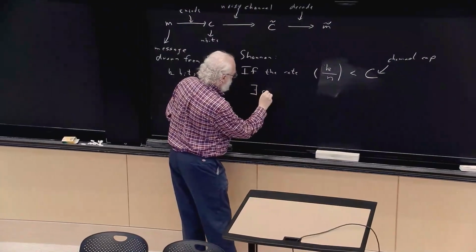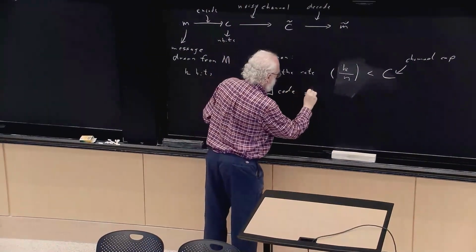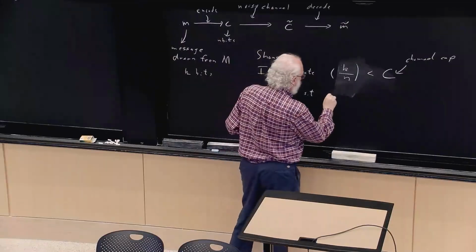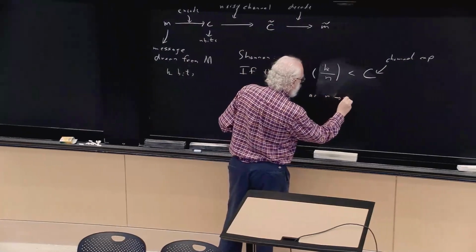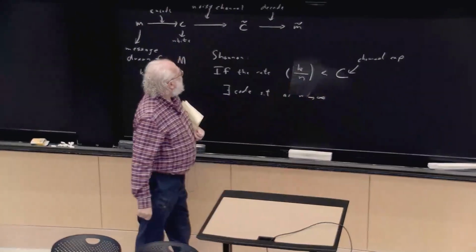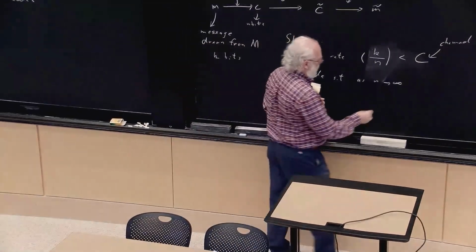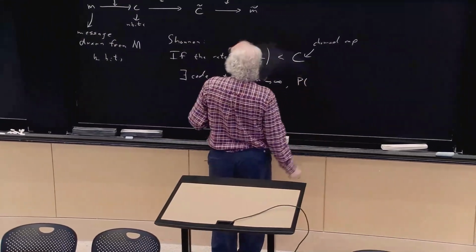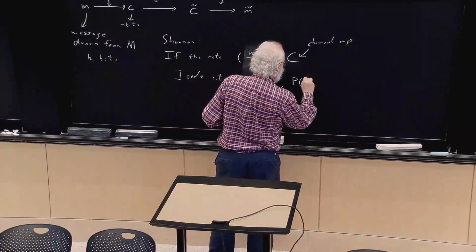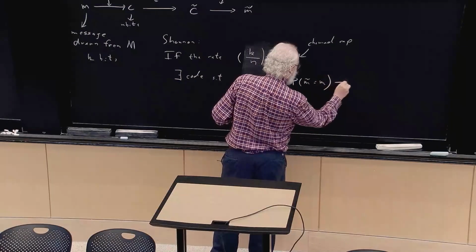There exists a code such that as n goes to infinity and k over n remains the same, the probability that m tilde equals m goes to 1.